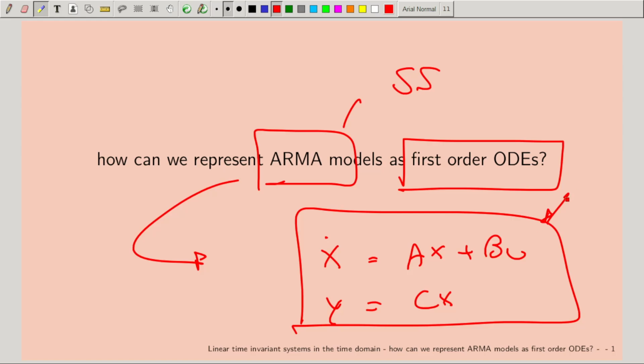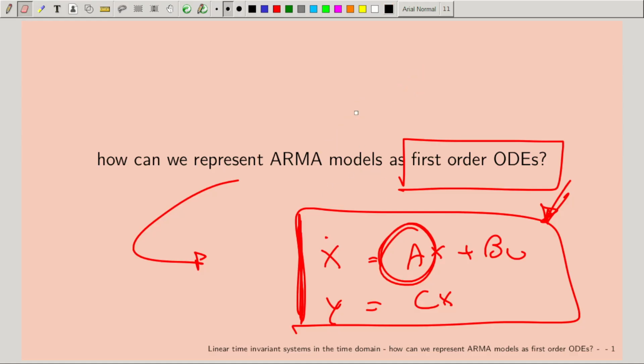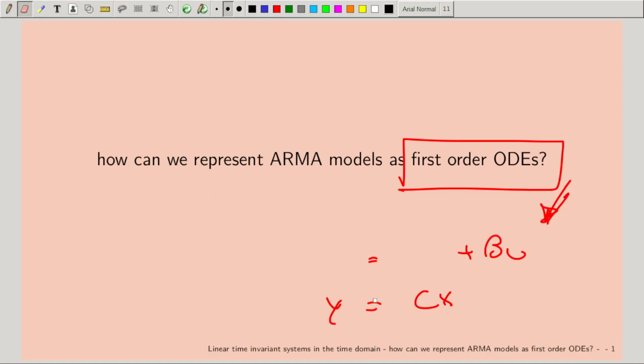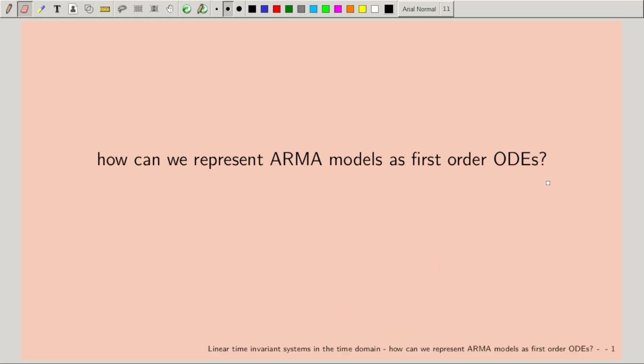This stuff here is very important because it's a way of writing things that enables us to do fancy controllers. And it's also a way of writing stuff such that we see that linear algebra matters for us control engineers.